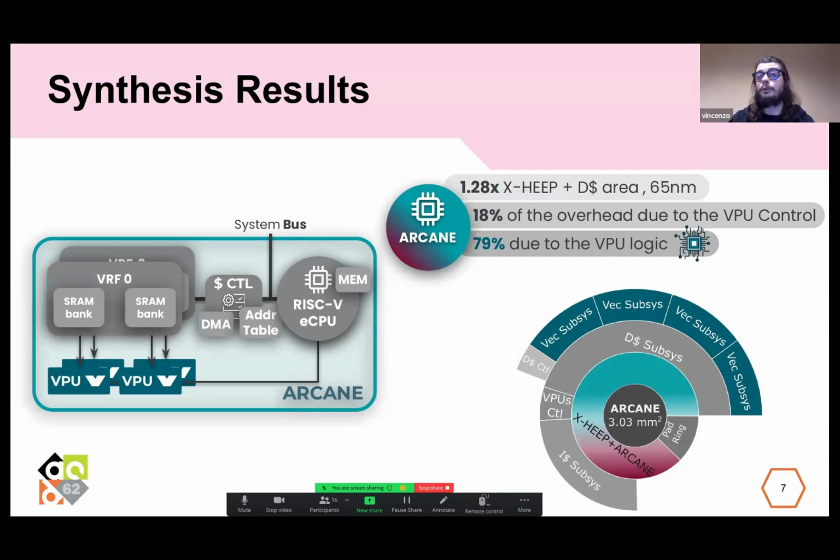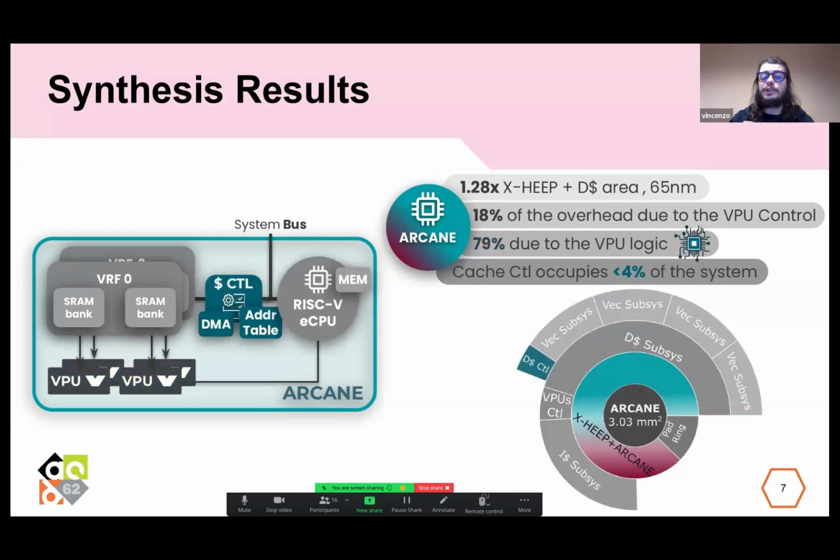Of course, the vector processing units carry most of the logic, and therefore they impact the overhead a bit. And the cache controller, which includes the address table, the DMA, and the cache table I was showing you before, occupies less than 4% of the whole data cache subsystem.